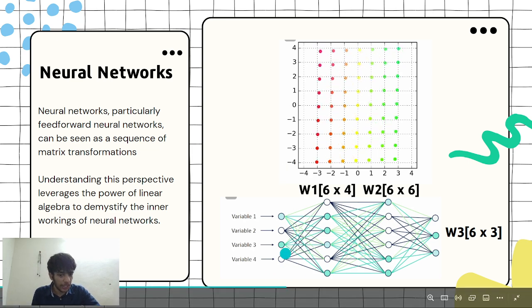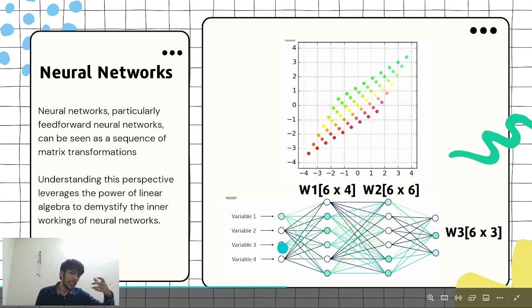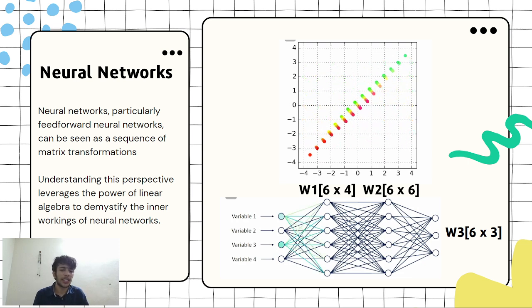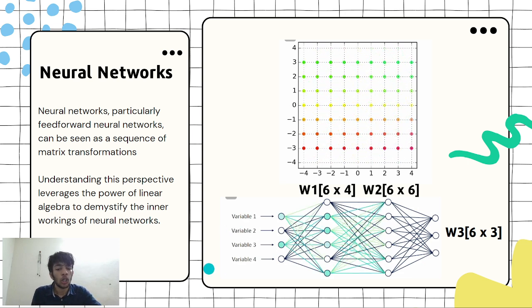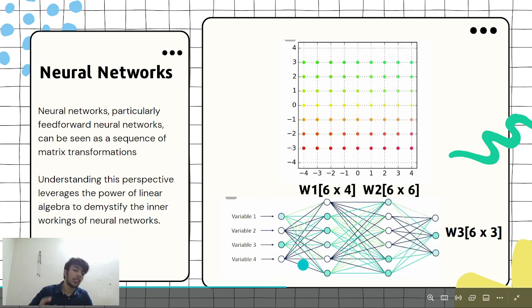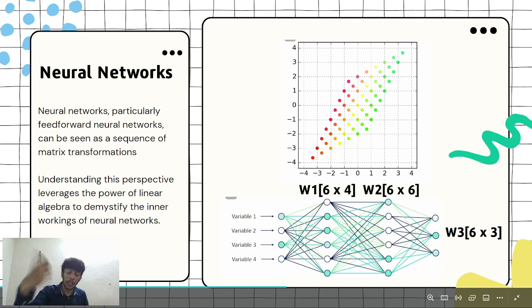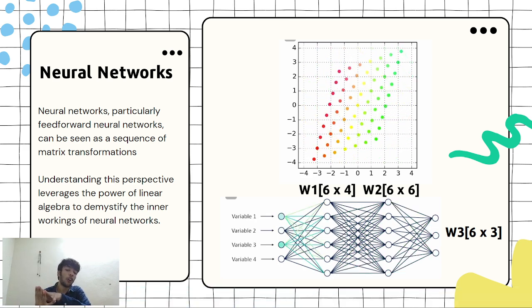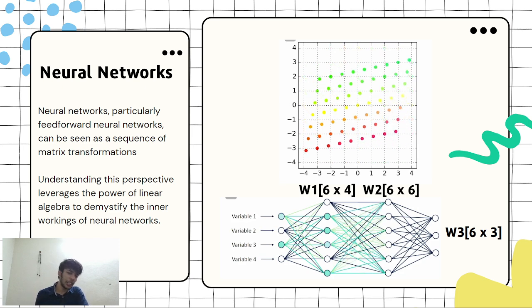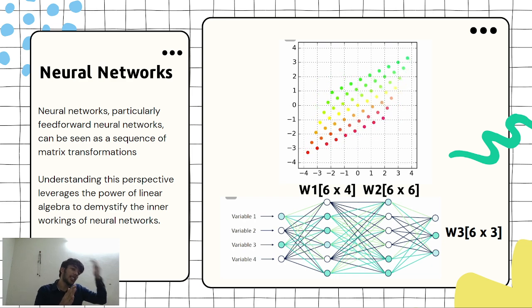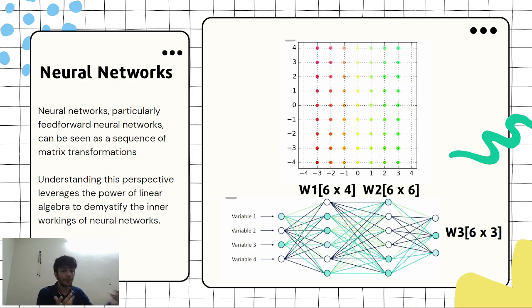So what are neural networks, first of all? They're trying to make predictions on a certain input value x, something similar to linear regression. So we have an input vector x, and neural networks transform this input vector into another vector, and then do this consecutively again and again.